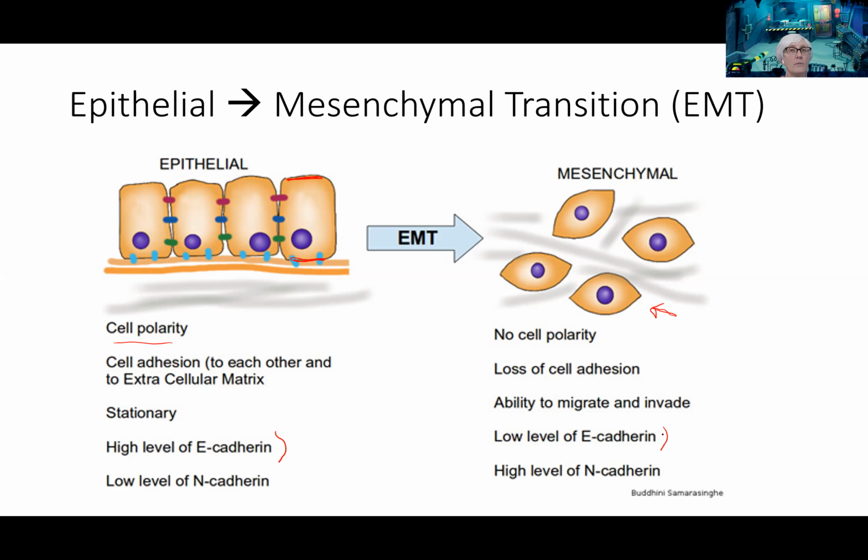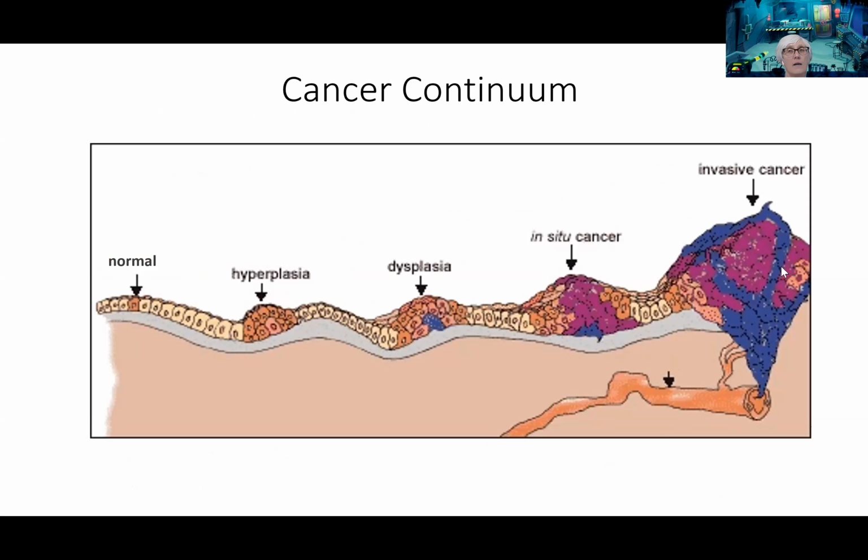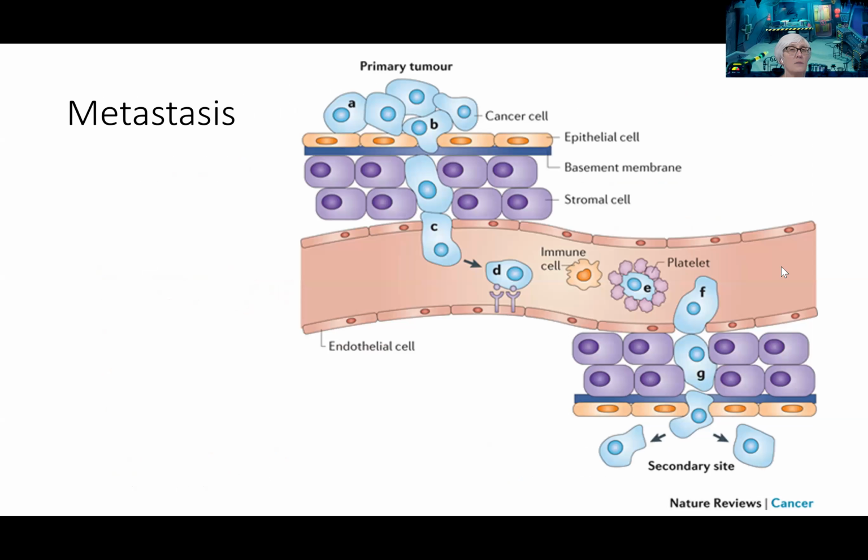By the way, it is a precursor toward the last step in our continuum, and that is to being an invasive or metastatic cancer. There are a number of steps that are required for metastasis to occur, and metastasis is the process by which some cells from a primary or original tumor are able to set up, let's call it, an auxiliary campus at another site.